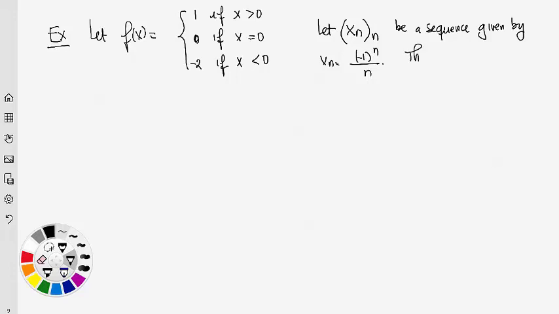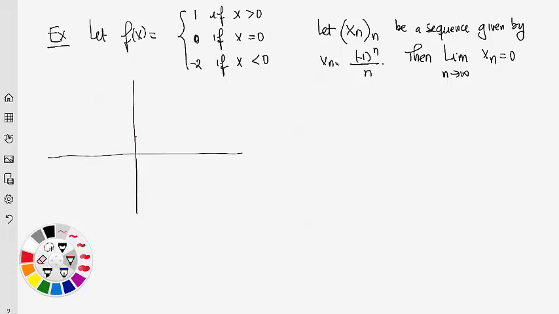Then you will agree from our previous work this semester that the limit of xn is indeed 0. So this is an illustration of what's going on.